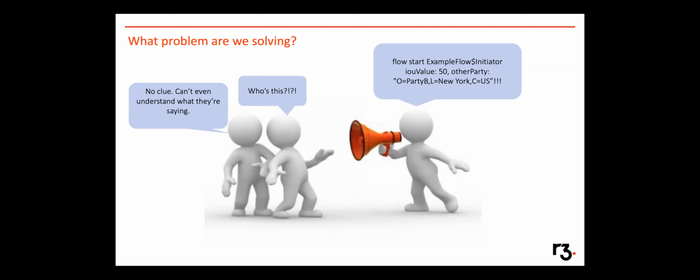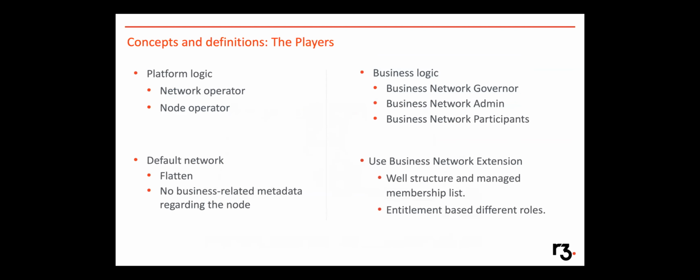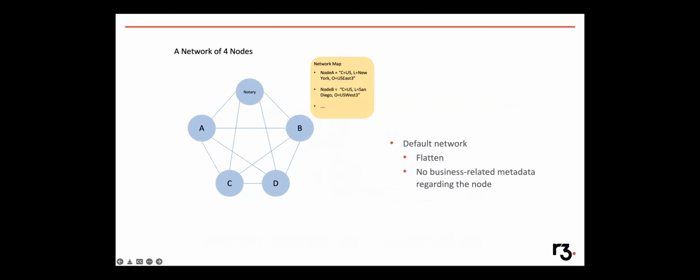So that's the issue we are facing: a totally flattened network. You have no business-related metadata regarding the node. All you see is the common name, the locality, the organization name, but most likely the organization name will not say Morgan Stanley or Wells Fargo, right?